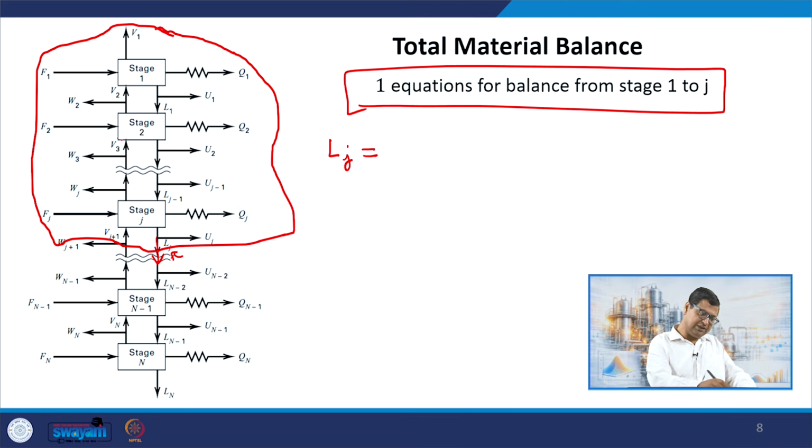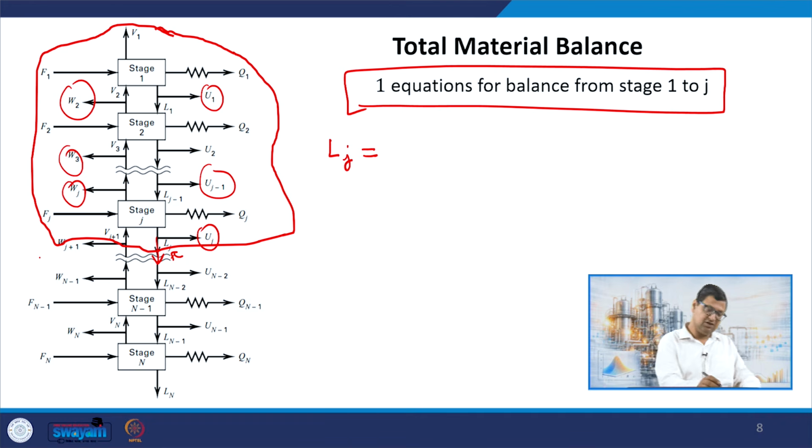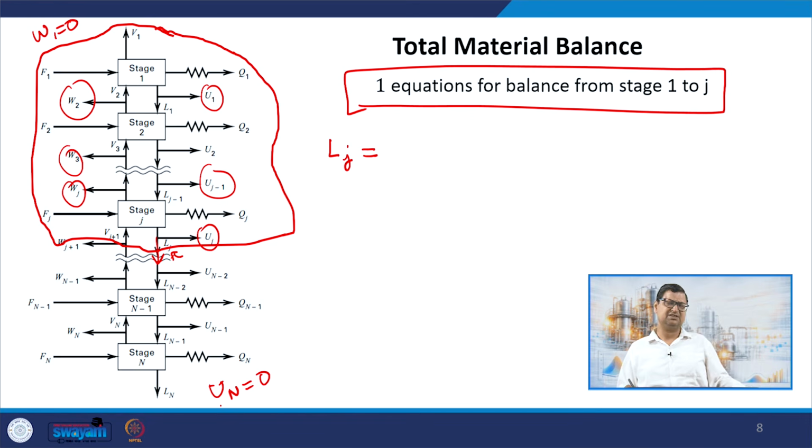So, we have all these feeds coming in F1 to Fj, and what is going out are the side streams U1 to Uj and W2 to Wj. In fact, we also have a W1 that I set to 0, assume that there is no side stream at top, and similarly we also have something like a Un that we also set to 0. So, there is no side stream from what is leaving the last stage, because what is leaving the last stage anyway is the final product.